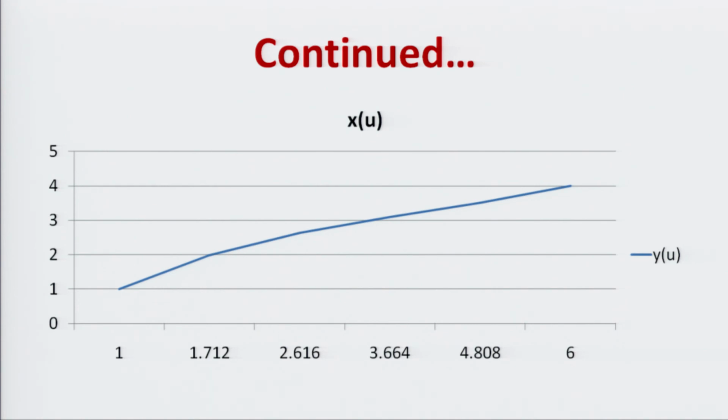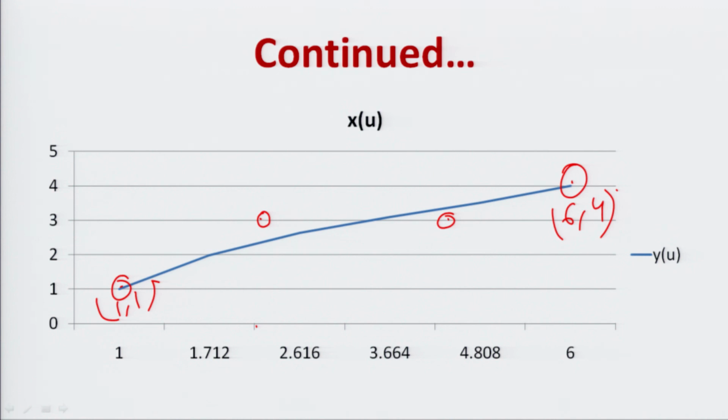Here 2 comma 3 will lie somewhere here, and 4 comma 3 will lie somewhere here. Both intermediate points don't lie on the curve. As we can see, these are intermediate points, and 1 comma 1 and here 6 comma 4 lie on the curve.